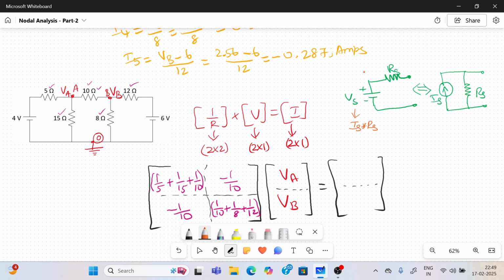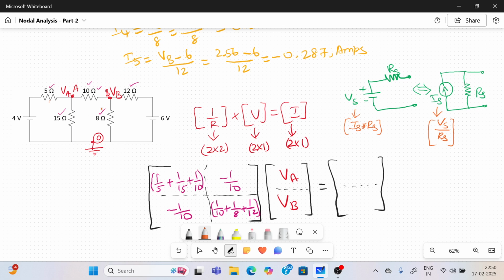Similarly, going from voltage source to current source, I is equal to V by R, which is Vs divided by Rs. Remember this. We can convert voltage to current and current to voltage, but the resistor in a voltage source is in series and in a current source is in parallel. Remember this. Okay.